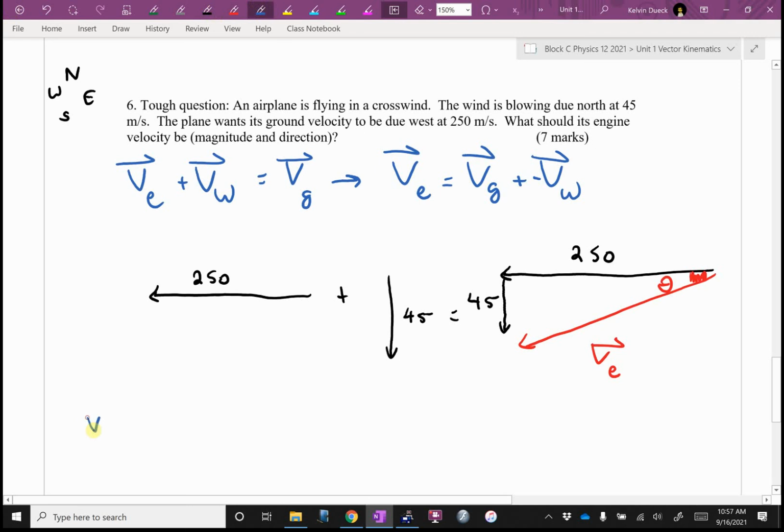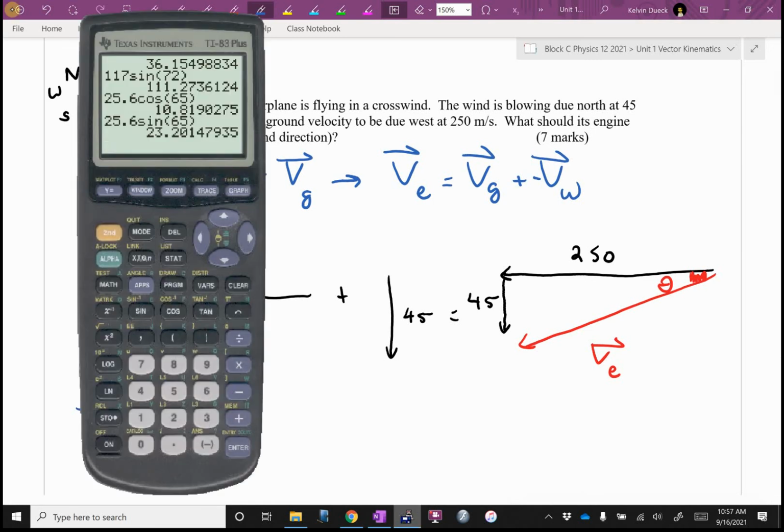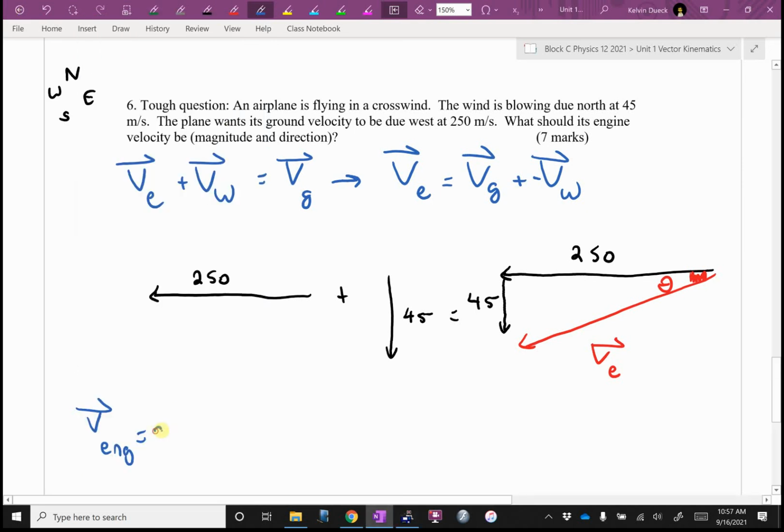To find the magnitude of the engine velocity, it's going to be the square root of 250 squared plus 45 squared. 254? Is that right? Meters per second.